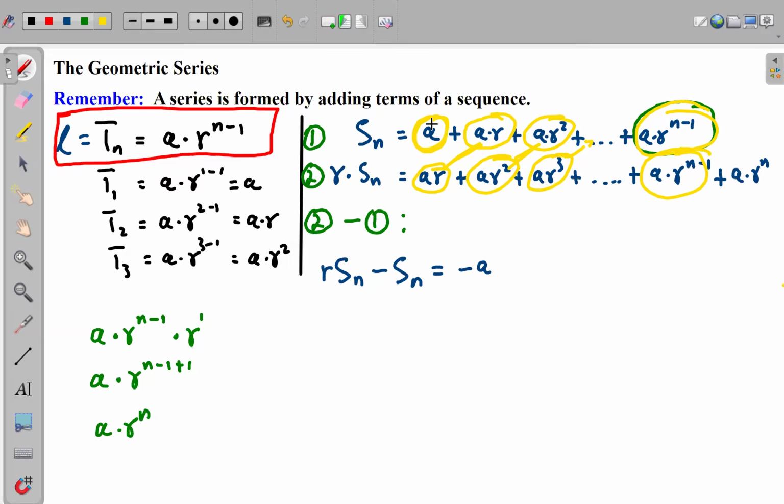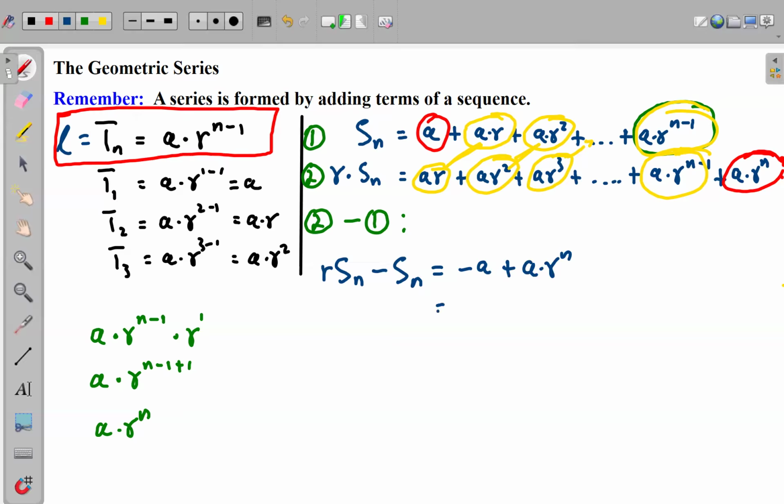There's no term like that. So all like terms are going to eliminate except that A. And then with R times Sn, there's no term that matches this one here in the top equation. So that's what's going to be left. I'm going to be left with A times R to the n.